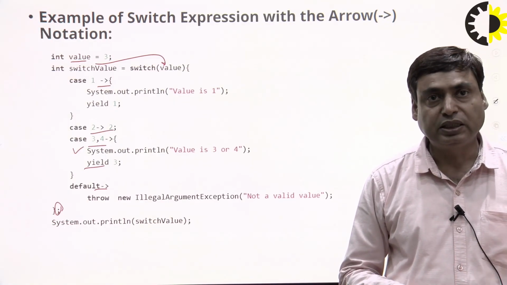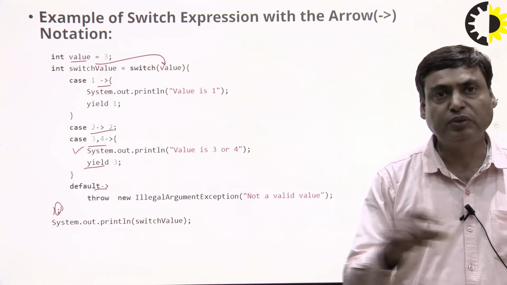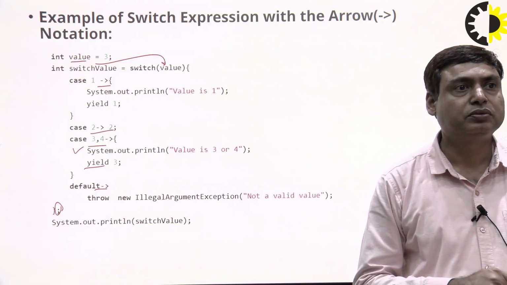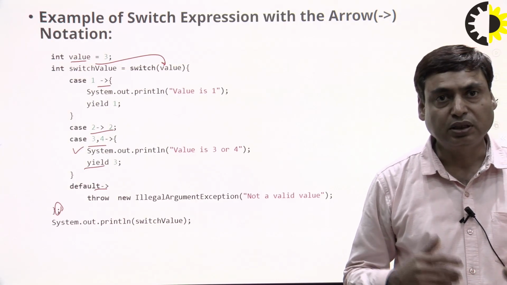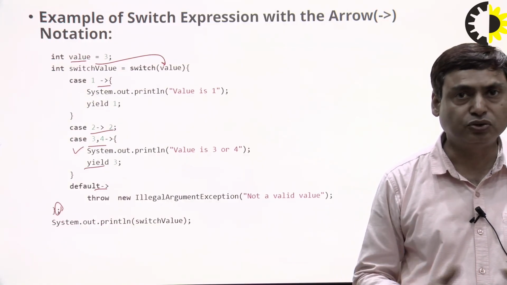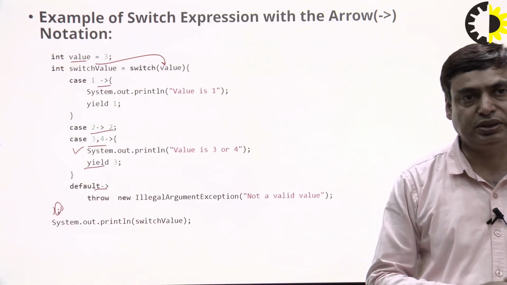The job of the yield statement is to evaluate an expression and return the value. In overview, you can say that the yield statement is used to return the value. And one important part is that the yield statement should not be the first statement, but generally it is used as the last statement in the switch expression.